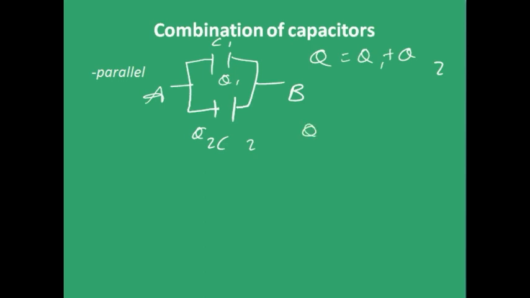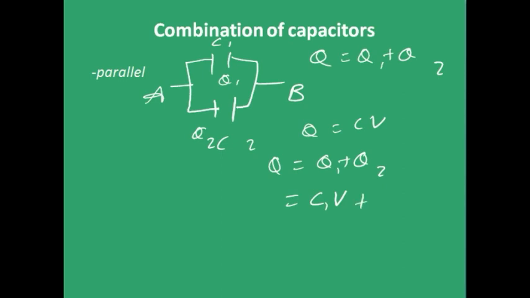Now we know that Q is equal to CV, and this Q, my effective Q, is nothing but Q1 plus Q2. In other terms, I can write Q1 as C1 V. Actually there is no V1, there is only one potential difference.